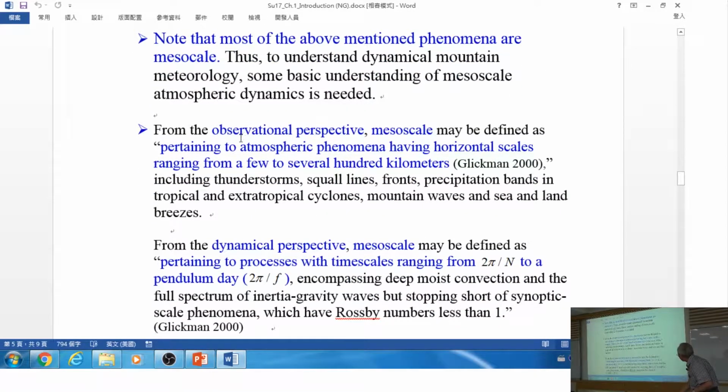From an observational perspective, mesoscale may be defined as pertaining to atmospheric phenomena having horizontal scales ranging from a few to several hundred kilometers. That's the definition in the Glossary of Meteorology.